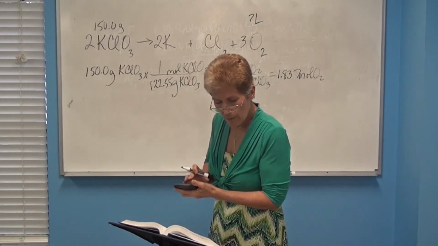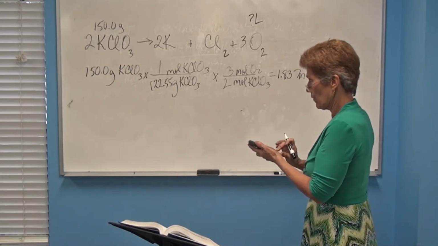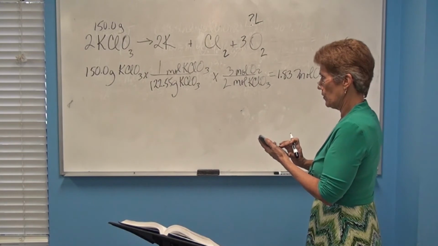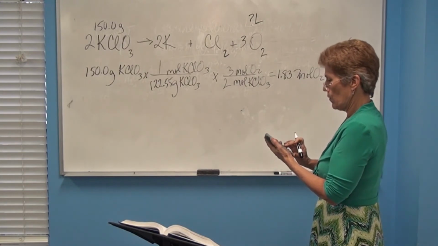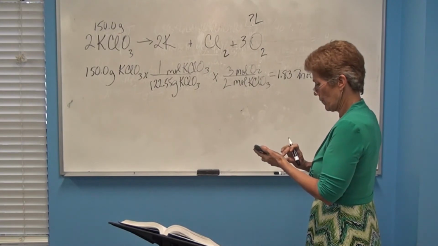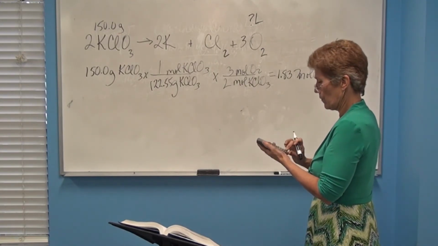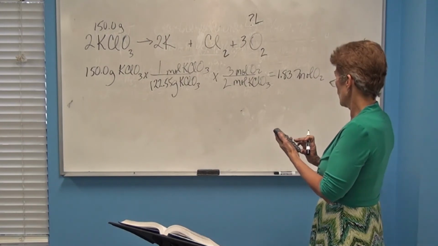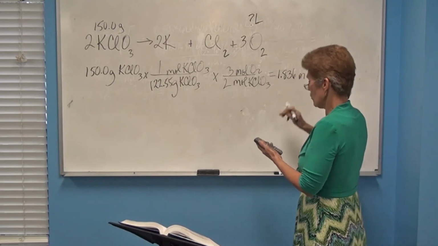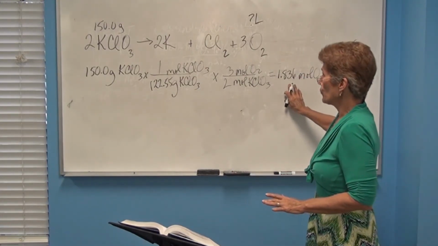He's got 1.836. Let me take it one step at a time. 122.4. Yeah, his is 6. So I'm just going to put a 6 there so I don't confuse you. Okay, so that's my moles.